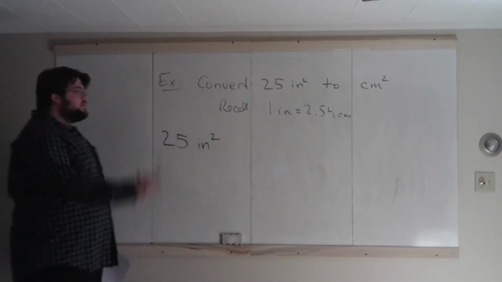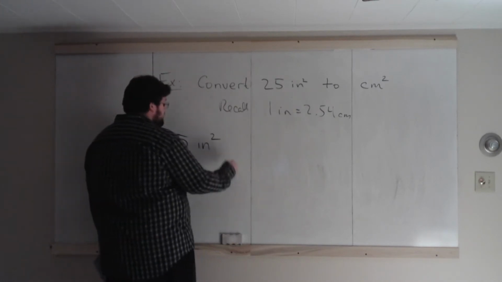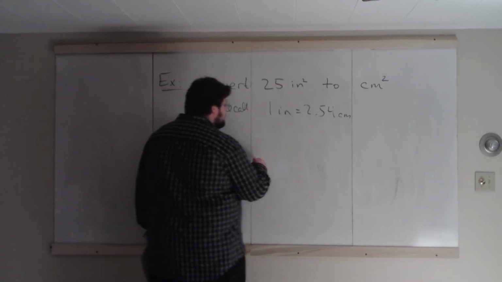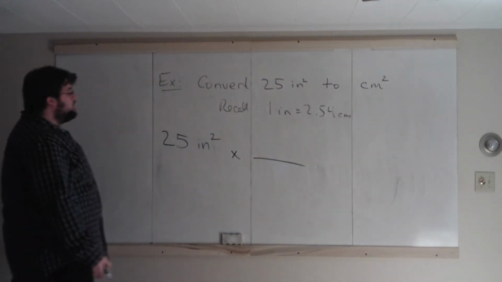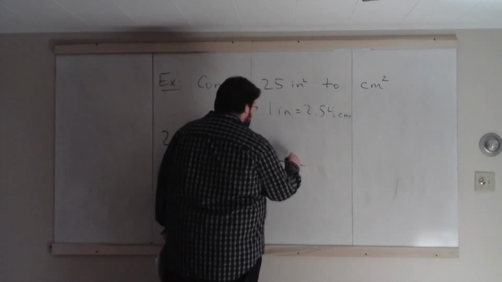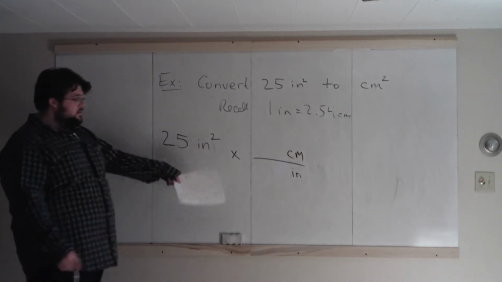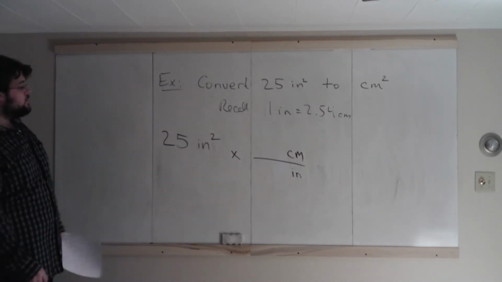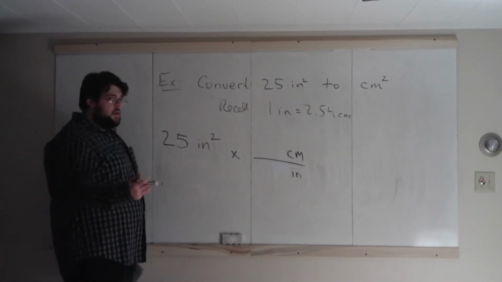We're starting with square inches, 25 square inches. We want our answer to be in square centimeters. Right here, using the conversion factor inches to centimeters, 1 in the denominator, 2.54 in the numerator, that will not work. Why will that not work?